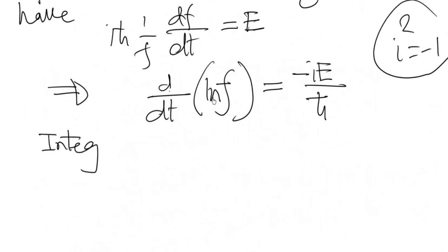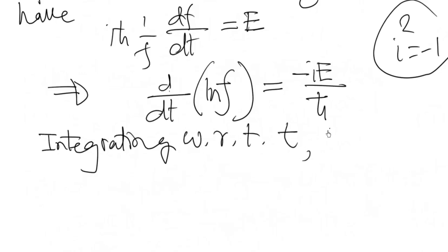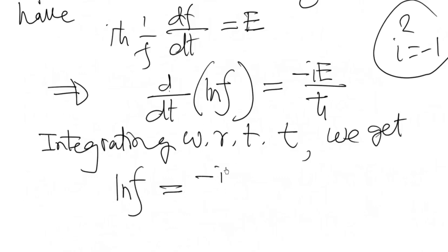this one is logarithm of f base e, ln f. So if we differentiate it with respect to time, then it will be 1 by f df by dt. Okay, integrating with respect to t, we get ln f equal to minus iEt by h cut plus there is a constant ln c.